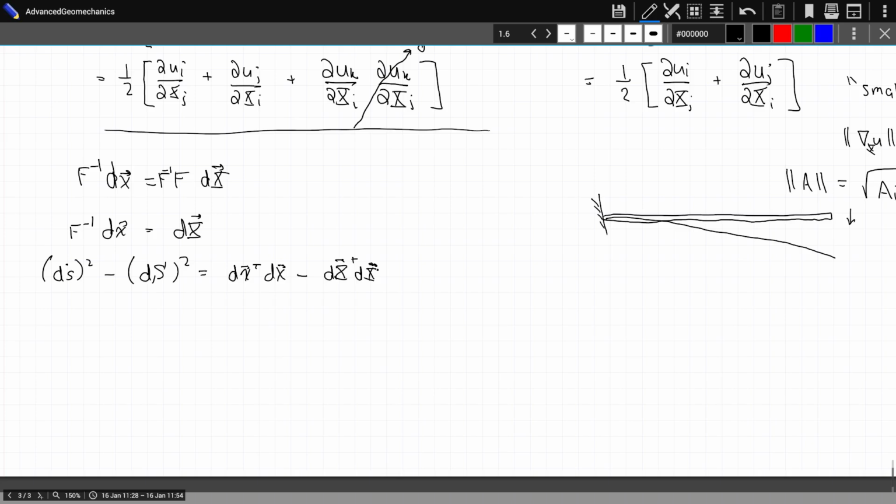Before we plugged in for dx, now we're going to substitute in for dX using this new inverse equation. So now we have dx transpose dx minus F inverse dx transpose F inverse dx.